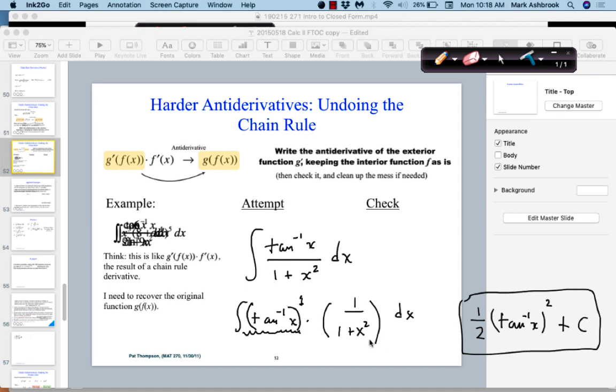U substitution takes much longer. People feel very comfortable with it, but in the long run, you're doing a lot more work. Once you improve at this method of just looking at these and asking, what function, if I did the chain rule, would have this derivative? So that's the first reason. This is a lot quicker and more efficient than U substitution for doing these.